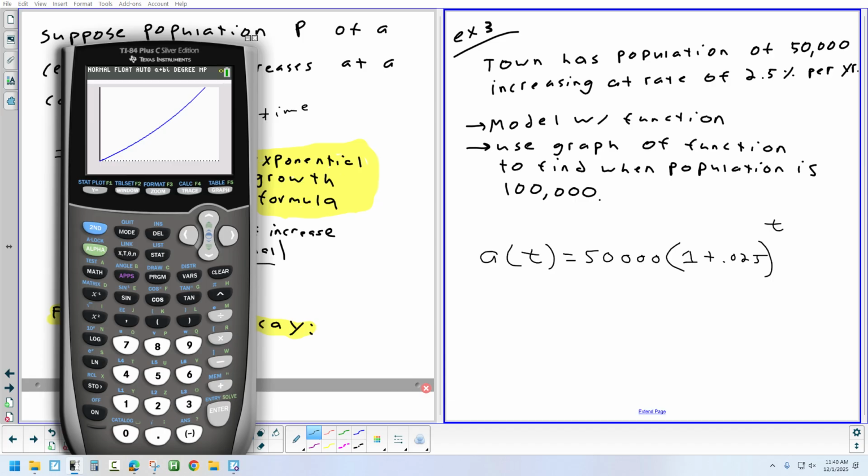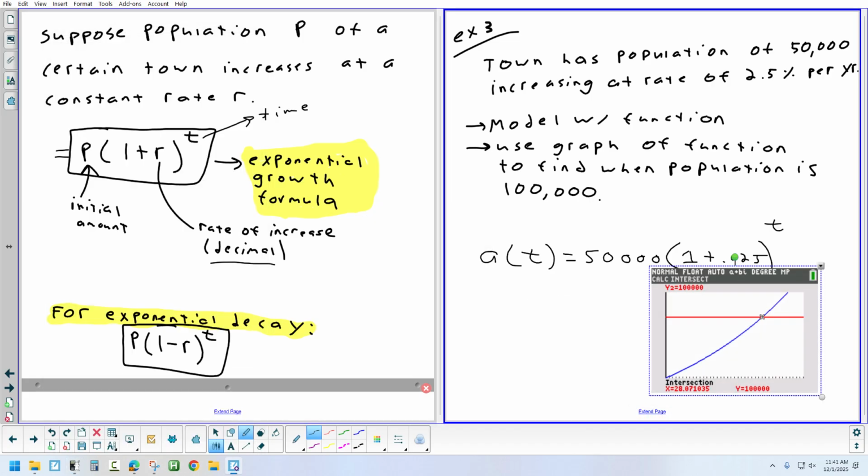And we need to graph something else in y equals. We need to put a line at 100,000 now. All right, and what do you think we have to do now? Second. Yep, I'm going to find the intersect. Because there's only two and they only cross in one spot, you just can hit enter 3 times. And there's your answer.